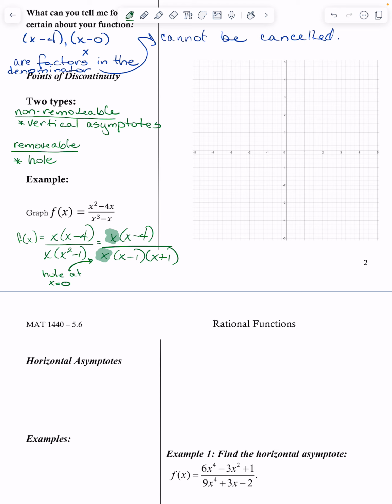I don't actually know what y is when x equals 0, but this x over x works like a big giant 1. So that means what I have left, x minus 4 over x minus 1 times x plus 1, is an equivalent equation to f of x everywhere except for x equals 0.